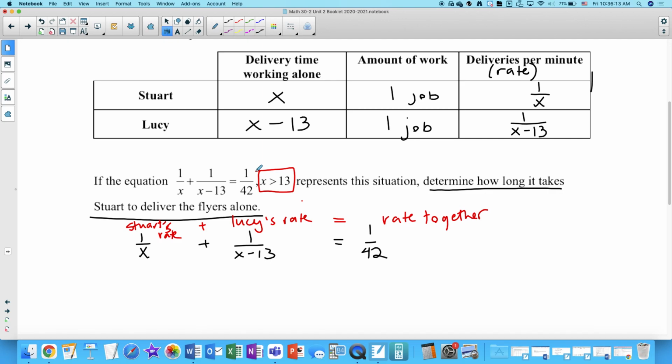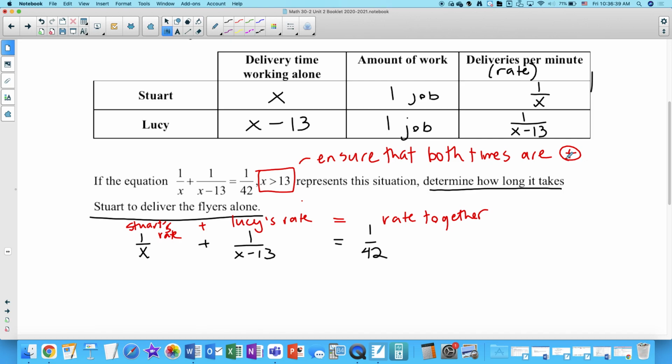So in order to make Lucy's time positive, the x value has to be greater than 13. Because if it's less than 13, then her time will be negative. So this is to ensure that both times are positive. Okay?